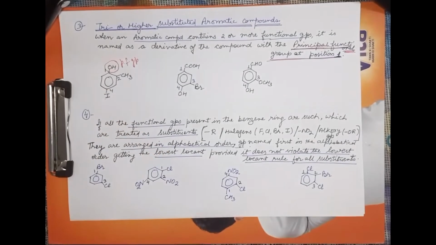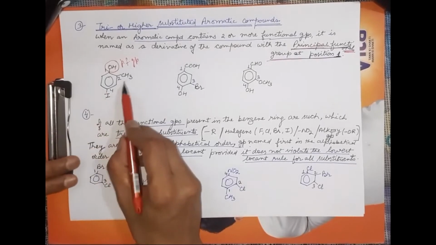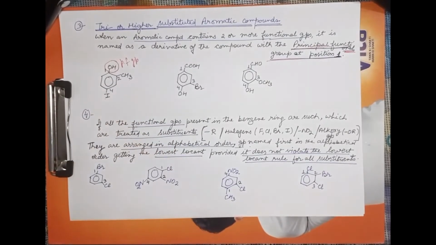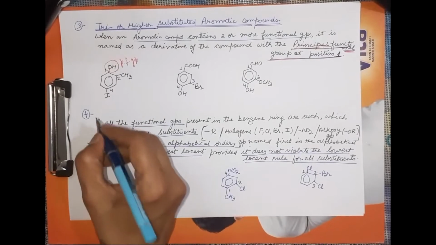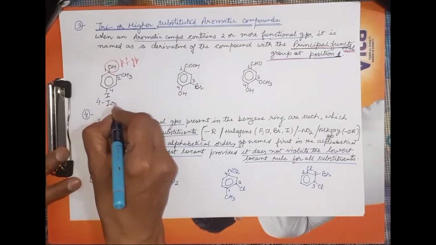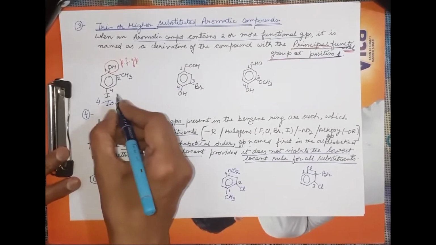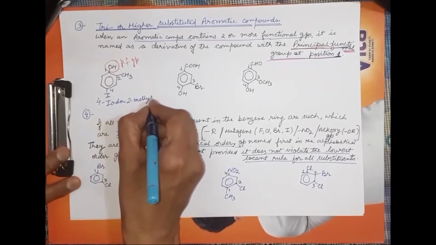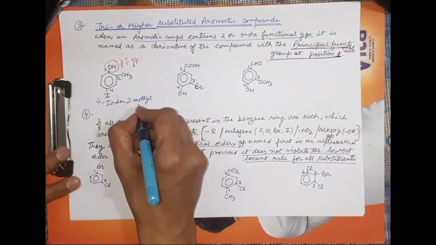This will be the numbering. And two substituents, one is methyl and another is iodo. So alphabetical order we have to write their names. So the name will be 4-iodo, 2-methyl phenol.